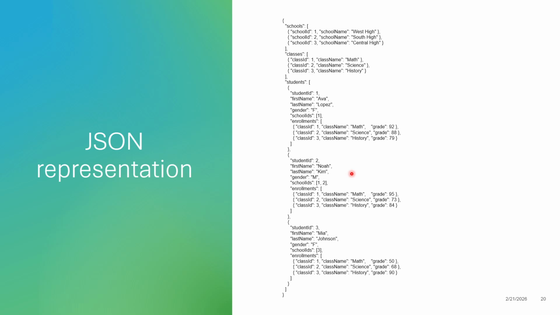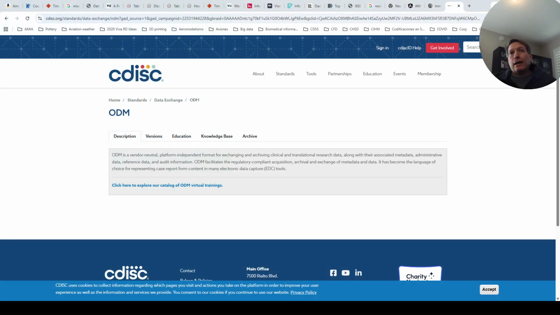XML is an excellent way of representing objects, and it has been used a lot in healthcare. Indeed, there is an international standard of data exchange, the CDISC ODM, that allows us to exchange data across different systems.